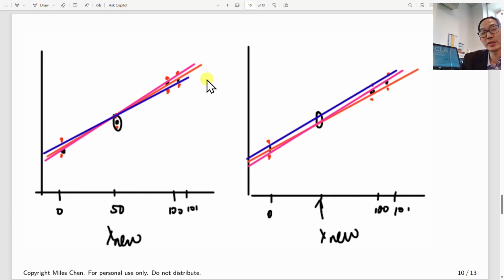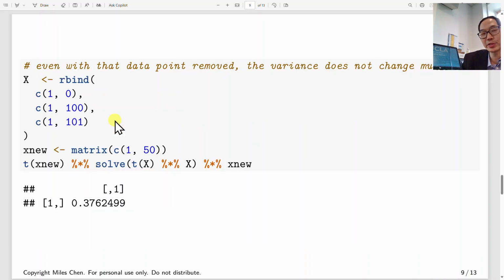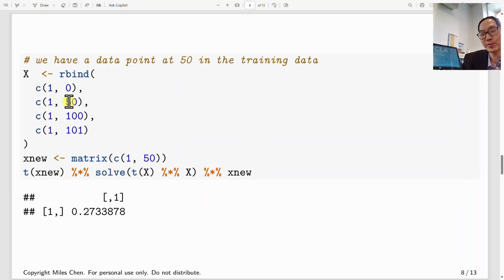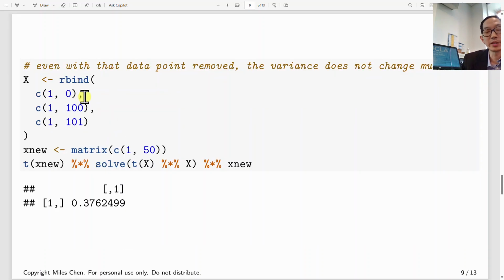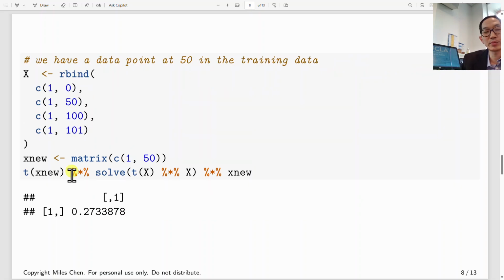And basically, in both cases, whether my original data included this point at 50, the amount of variance in my prediction here is going to be quite low, okay? So I'm not too worried about this, right? So I've got 0, 50, 100, 101. My variance is pretty low, 0.273.